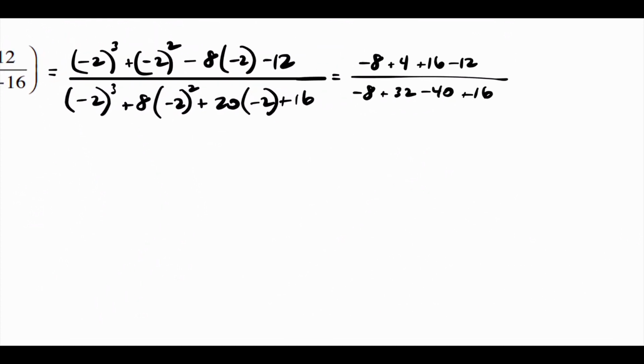Last thing to do, add and subtract. So I get -4 plus 4, which is 0 on top. I get 24 minus 24, which is 0. 0 over 0.